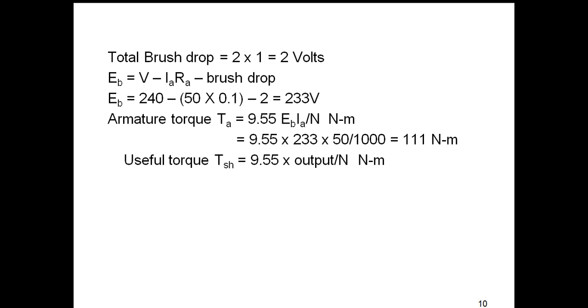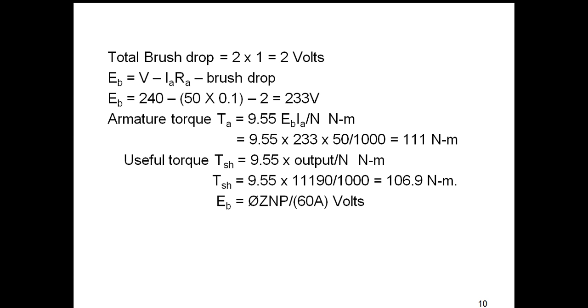Here output is given and speed is also given. So we substitute those values, then we get 9.55 into 11,190 by 1000. On solving this, we get 106.9 Newton meter.